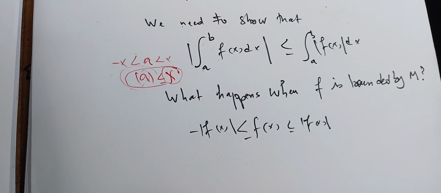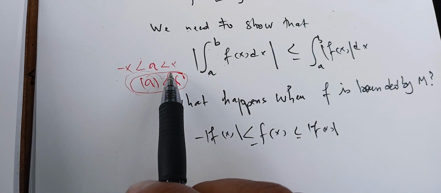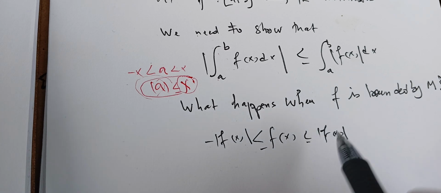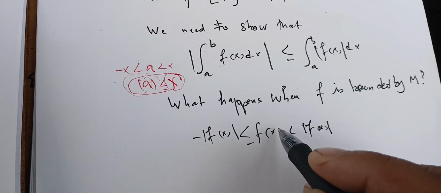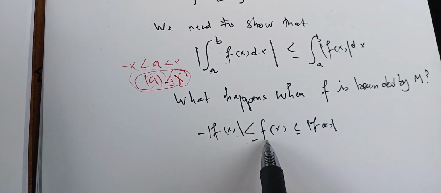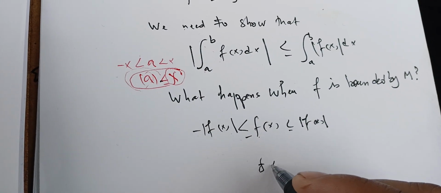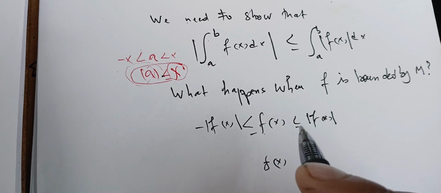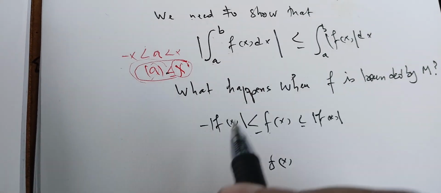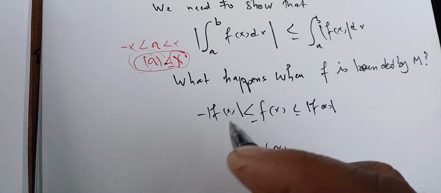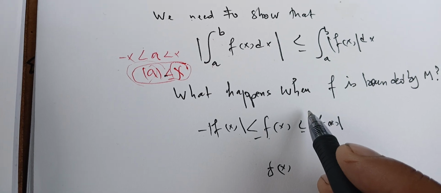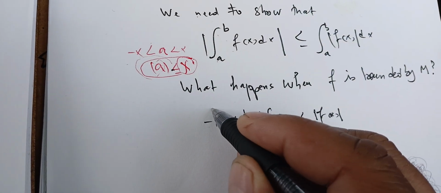Now we're going to use this one here from algebra. We treat x as the absolute value of f of x and a as f of x. But before we do that, we have to do one more thing. Because we are interested in the integral, and since all of these functions are integrable because they are continuous, we can take the integral here.